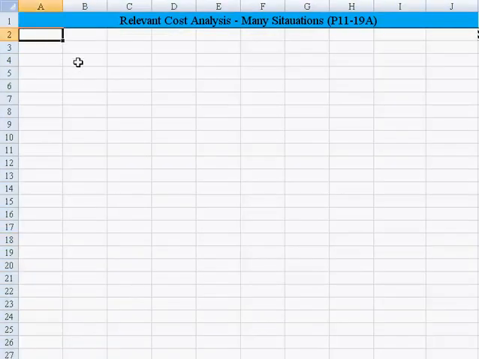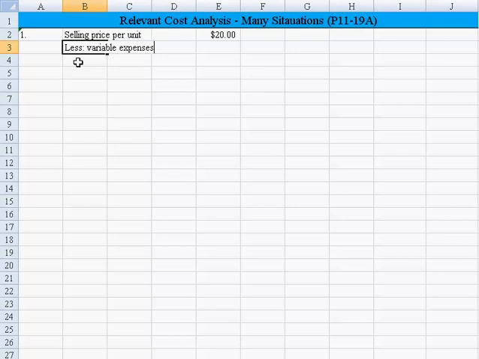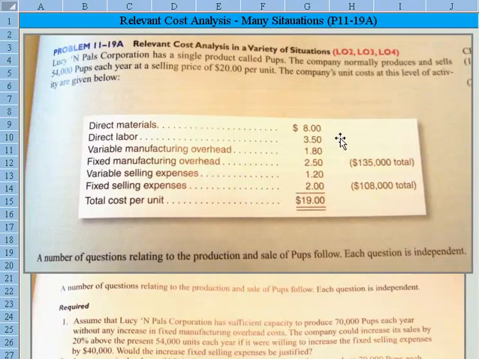Okay, well, what do we know? Let me just call this number one, because we'll keep track of where we're going. We know the selling price per unit was equal to $20, right? And then we can back off variable expenses per unit. Let's slide over here and see if we can find them all.